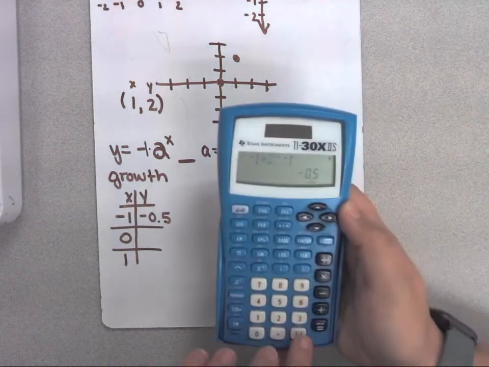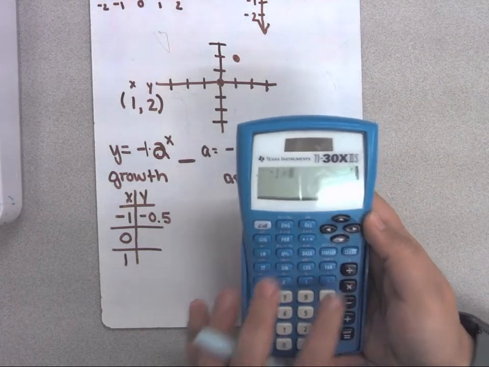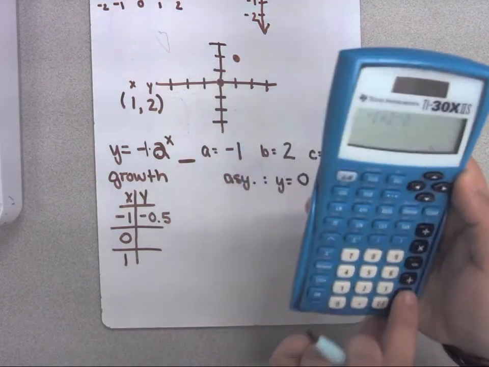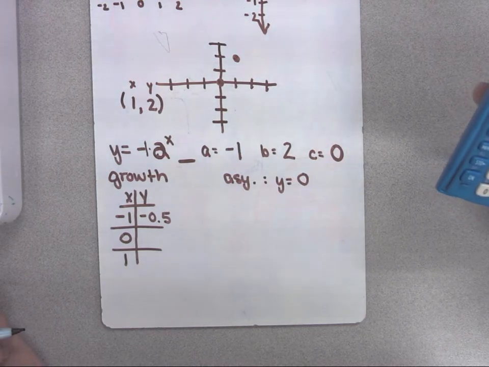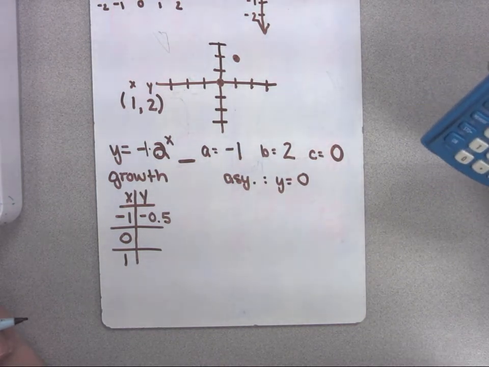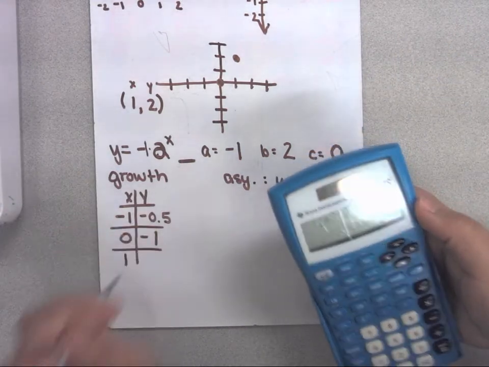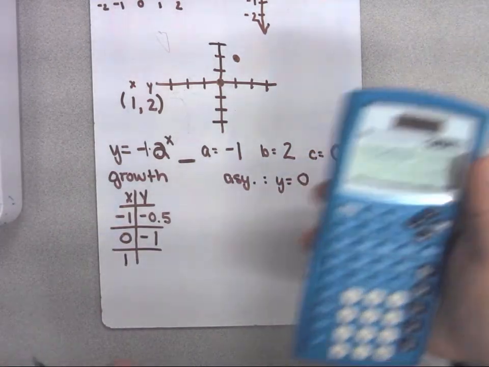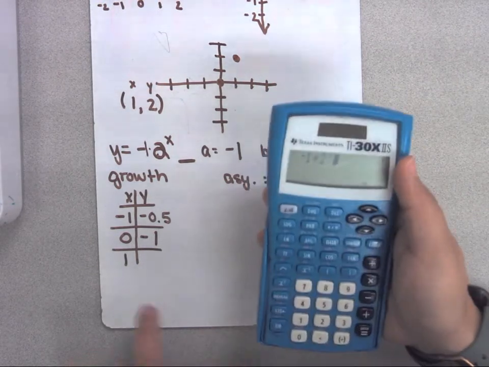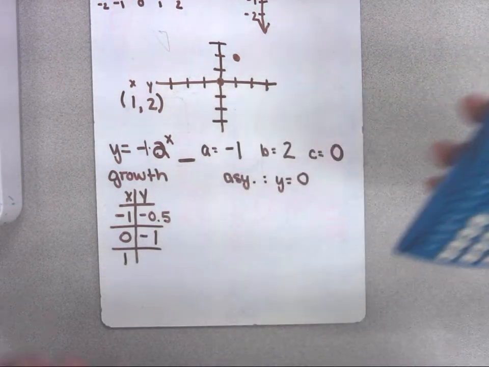Now do the same thing. -1 times 2 to the 0. Peyton, what do we get when we plug in that? I got -1 also. Now I plug in the last one. -1 times 2 to the 1st.